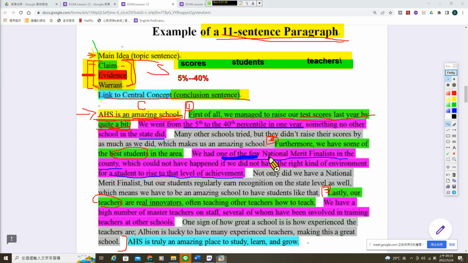So look here. Our students are good, and we had one of the few national merit finalists. So the merit award is gained by our students. Wow, that's great. So you can see this is so cool, right?